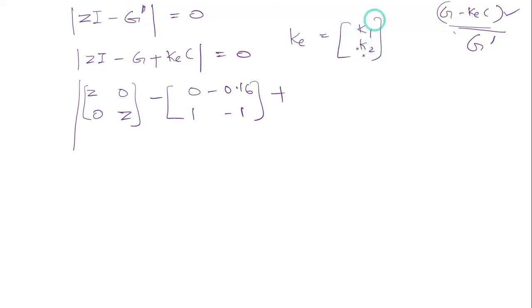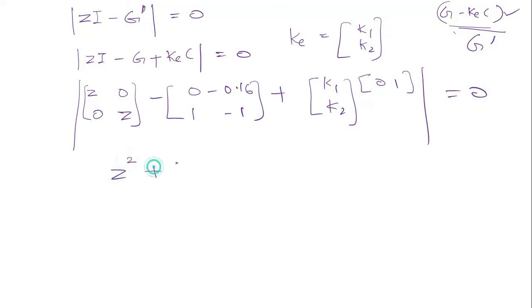If it's 3 states, you take K1, K2, K3. So K1, K2 into the C matrix, which is 0, 1. Simplify this, and you will find the equation as z square plus (1 plus K2) z plus (K1 plus 0.16) is equal to 0.